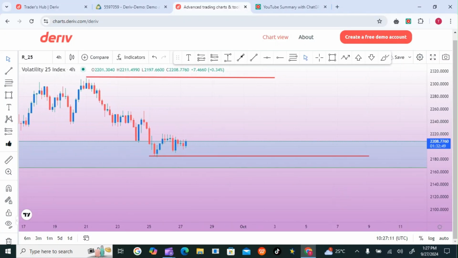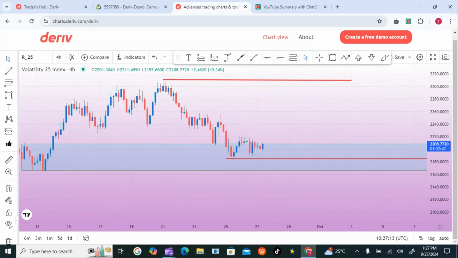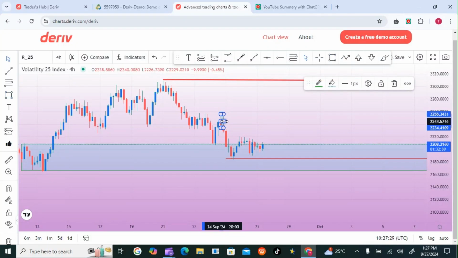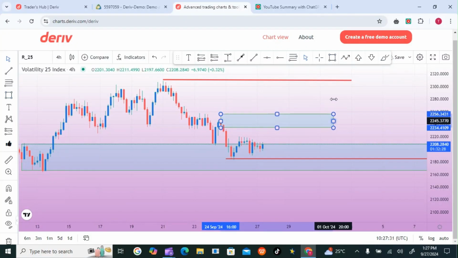You can see that the market is trying to move up. What do we spot? We spot that here on the 4 hour we have something like this, meaning the market must come back to this area, tap this zone, and maybe move up.